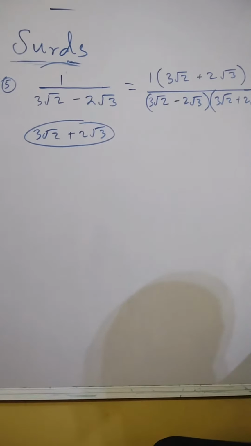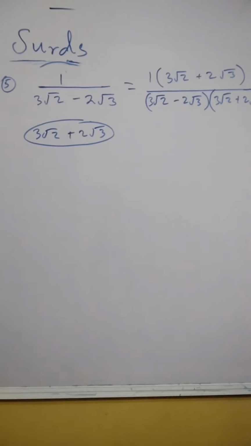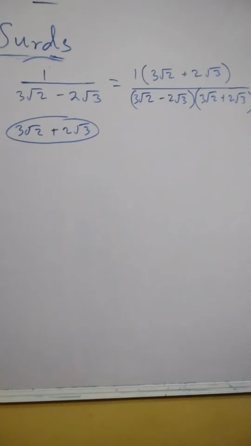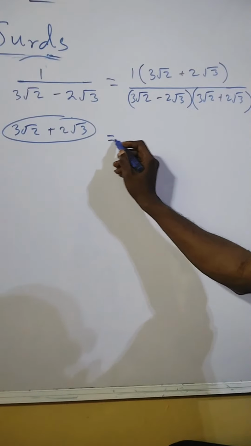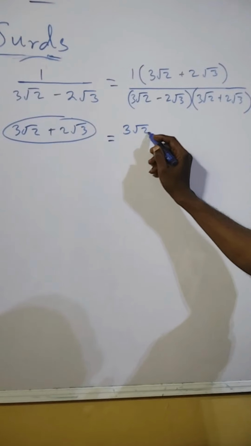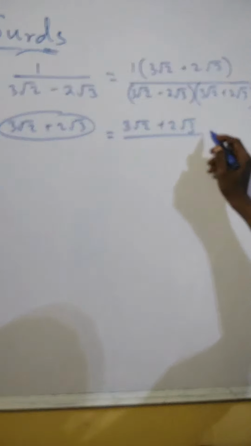Okay, now we can expand this. So from the expansion here, when we open this bracket, we're still going to have the same thing as what we have up, which is 3 root 2 plus 2 root 3, then divided by.